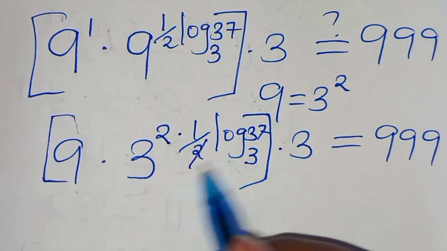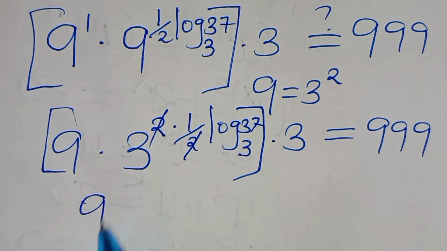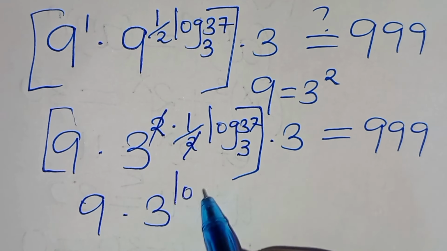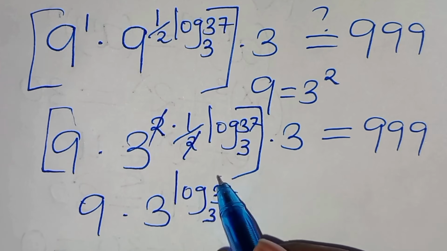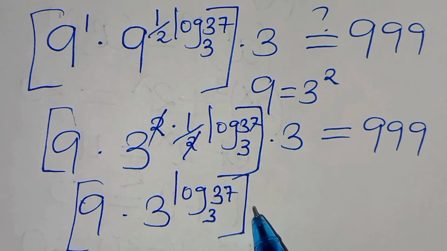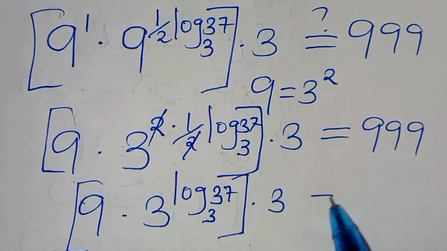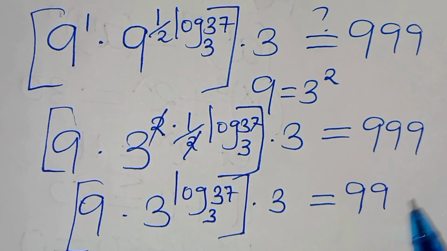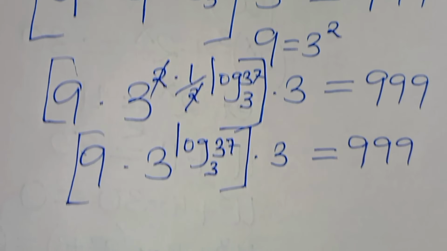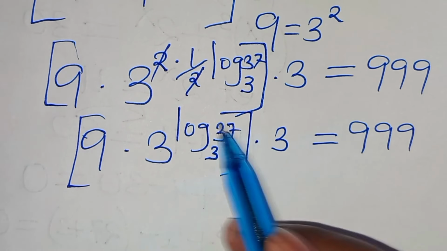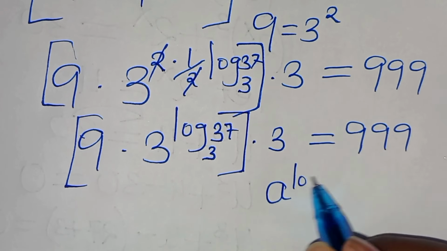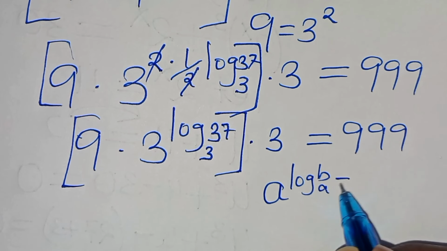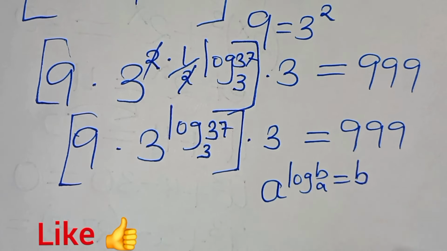So let's simplify 2 and 2 here, so that we have 9 times 3 to the power of log 37 to base 3 multiplied by 3 here. This is supposed to give us a value of 999. So 3 to the power of log 37 to base 3. This is in the form of a to the power of log b to base a. This should give us a value of b.